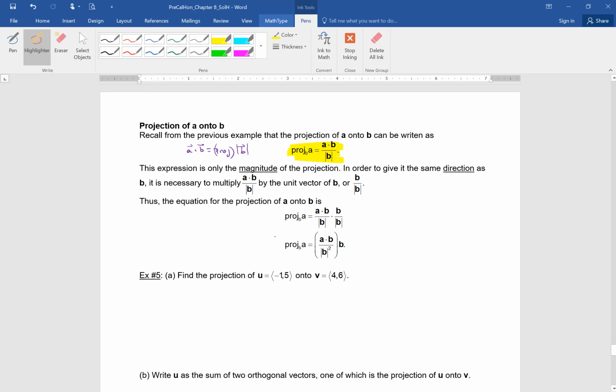I'm just saying that the shadow on B has a length of 12 centimeters. That's just a scalar quantity.